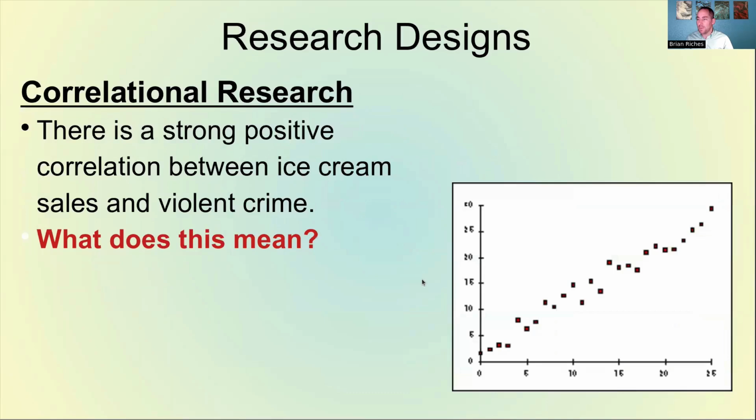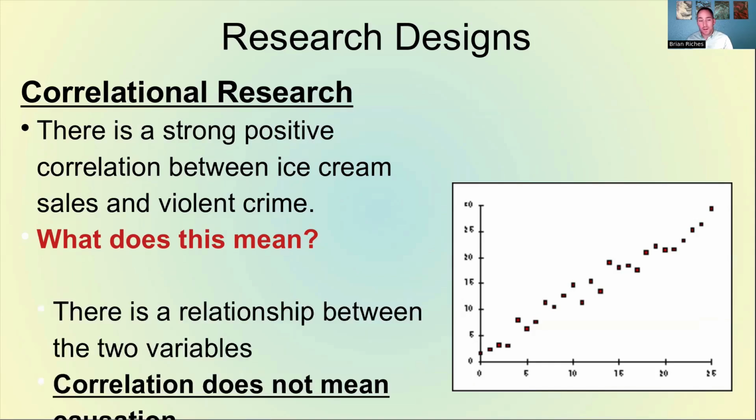So an interesting example is that we do find a strong positive correlation between ice cream sales and violent crime. So what does that mean? What does it mean that ice cream sales are correlated or related to violent crime? So kind of nothing. Correlation does not mean causation.